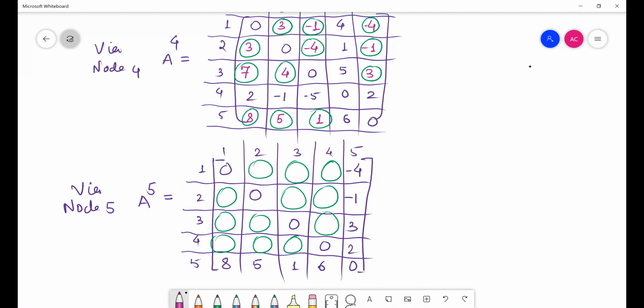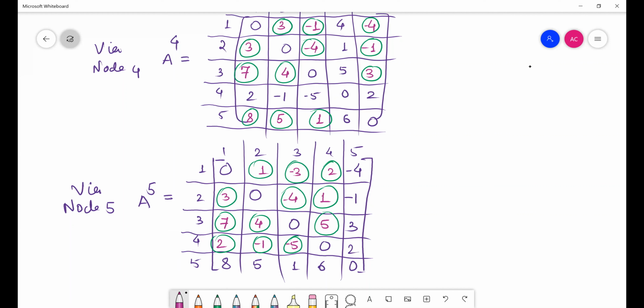And after calculating, the final solution that we'll get is this one. You can solve it later and you should get this matrix.